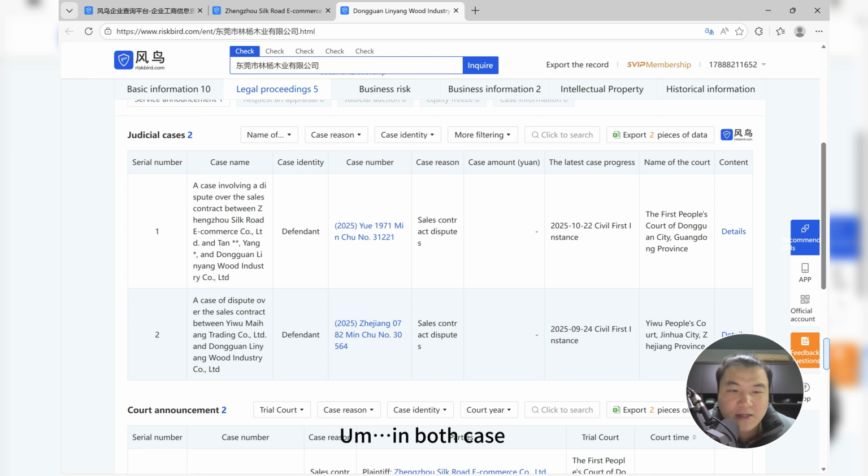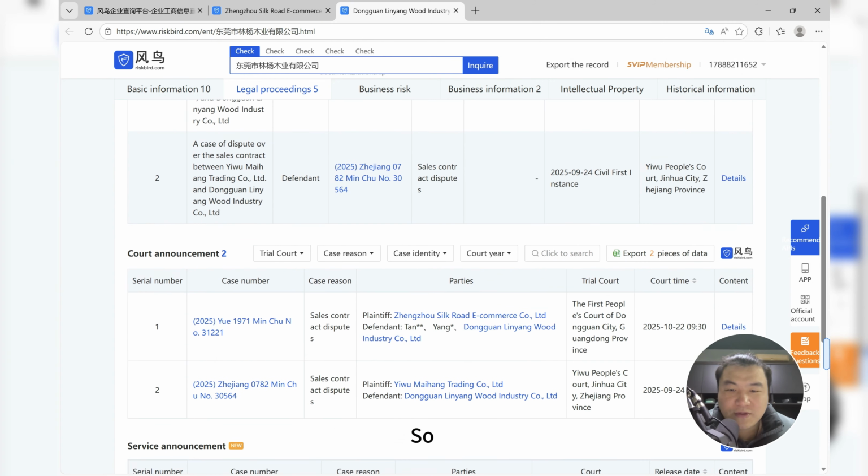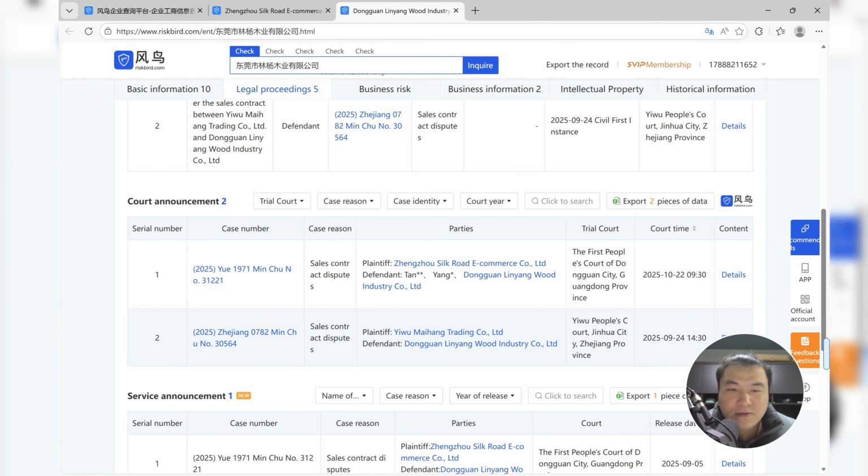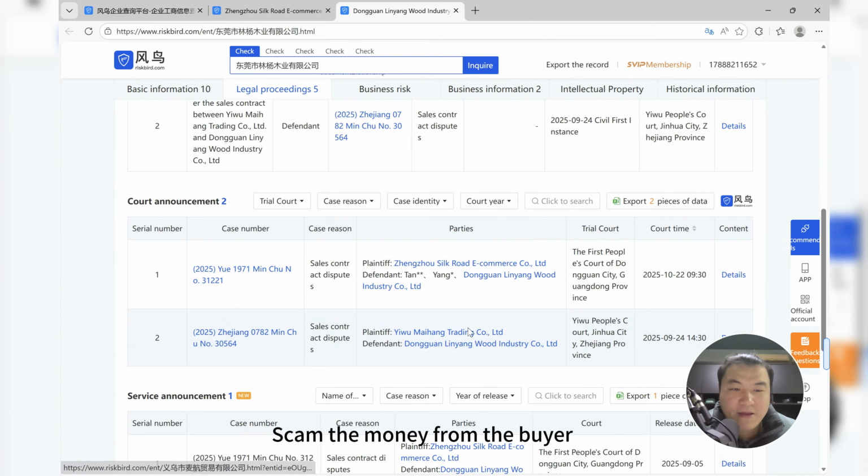In both cases, they are the defendants. So we can conclude this company is very evil. They are trying to cheat the money, scam the money from the buyer.